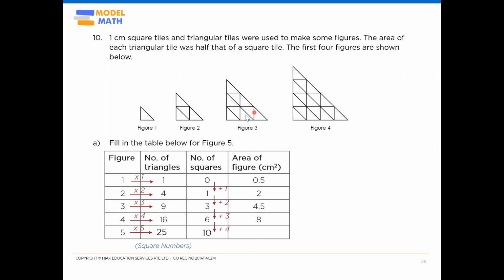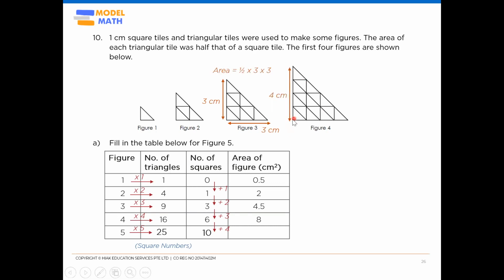Let's say I use figure 3. You observe that my base and height are 3 centimeters each, because the question clearly says 1 cm square tiles. So this will be 3 cm, this will be 3 cm. So figure 3 to get 4.5 area is actually half times 3 times 3, half times base times height. Same for figure 4.